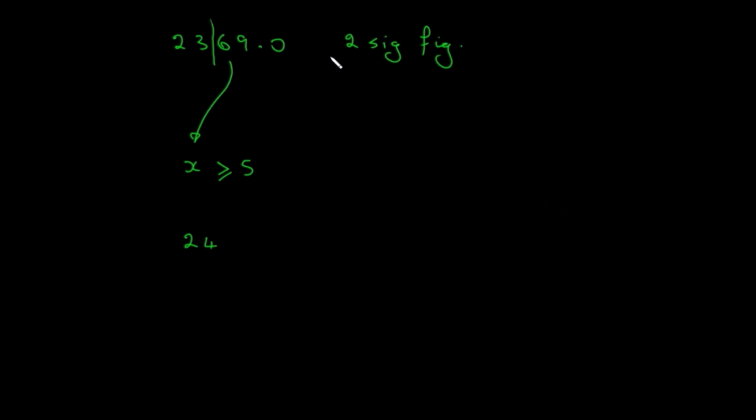Now 2 significant figures, that's the cutoff point. So we put a 0, 0. If you like, you can put the decimal. So it is rounded to 2 significant figures.